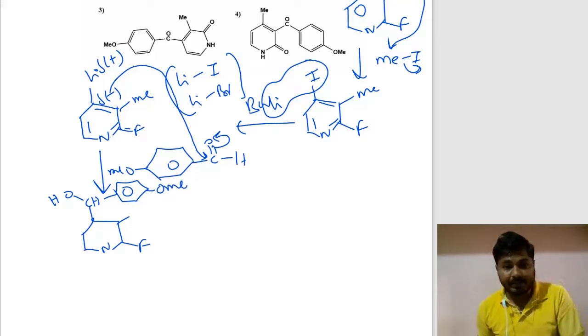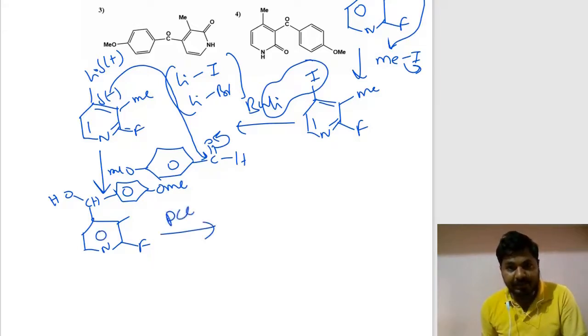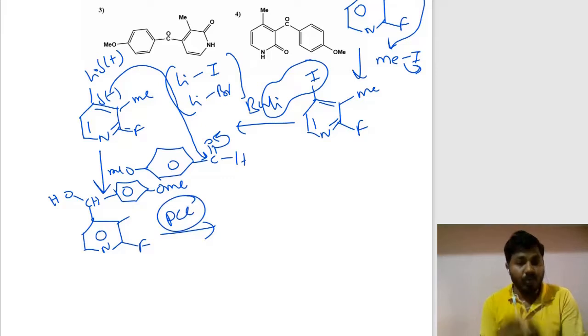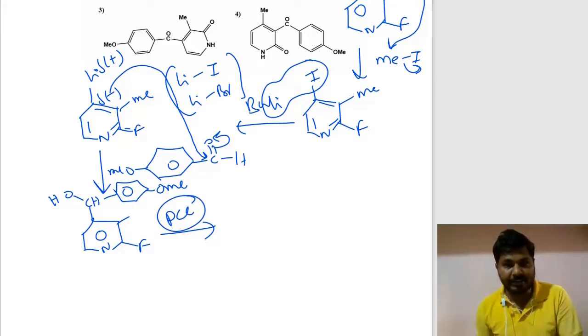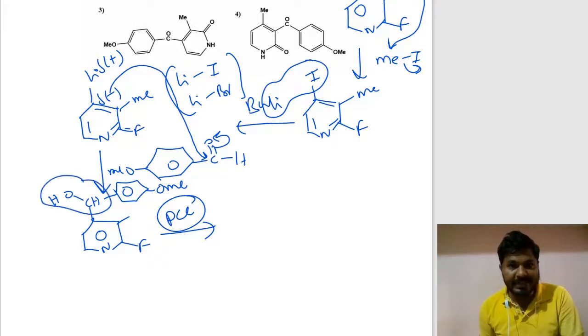Okay, right. So in the next step, we have taken PCC, that is pyridinium chlorochromate, which is a well-known oxidizing agent and which oxidizes the secondary alcohol functional group into a keto functional group.